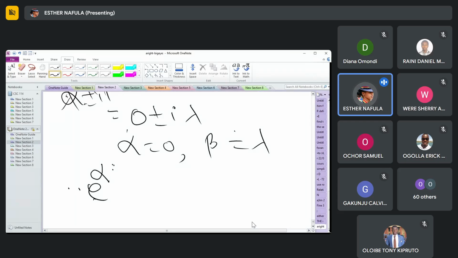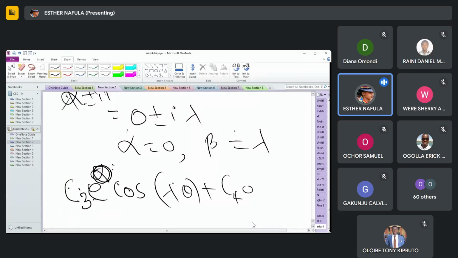So you'll have C1, in this case C3, because we had already used C1, C3 e to the alpha, but alpha is 0, cosine of beta times theta, beta is lambda, plus C4 e to the alpha theta, alpha is 0, 0 times anything is 0, sine of lambda theta.